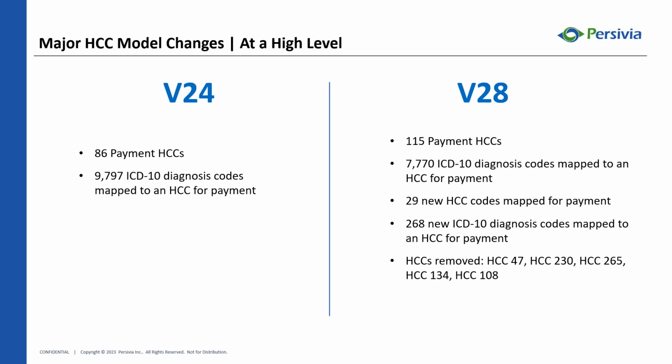We also see a decline in the number of ICD-10 codes to around 7,700 codes that map to an HCC for payment. Additionally, there are 268 new ICD-10 codes that have been included this year. And some of the previous HCCs have been removed from the model. Next, please.